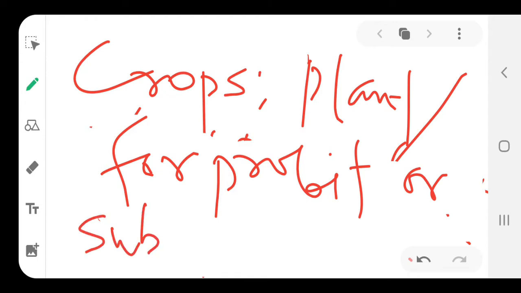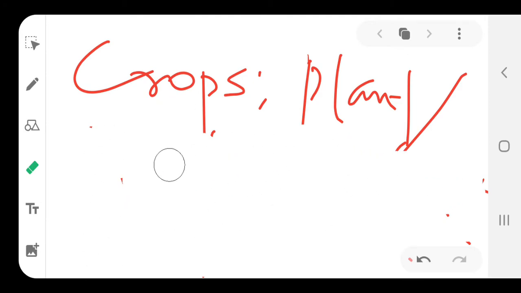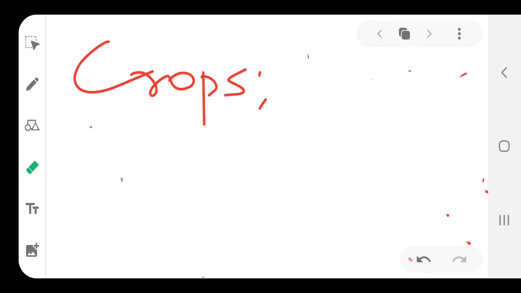Okay, subsistence. So it is grown in the field so that you gain profit and life can further progress as it should. So underline these terms.